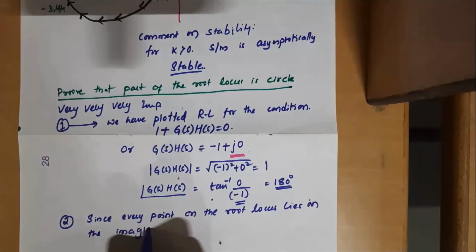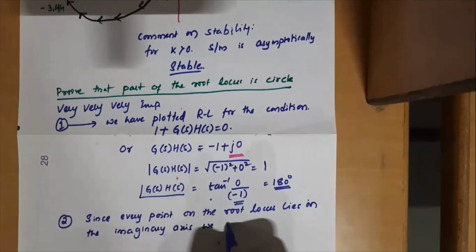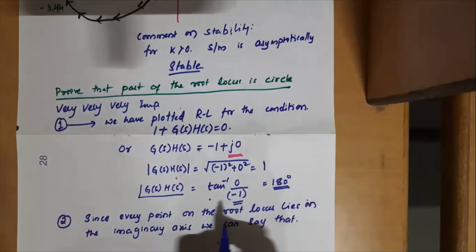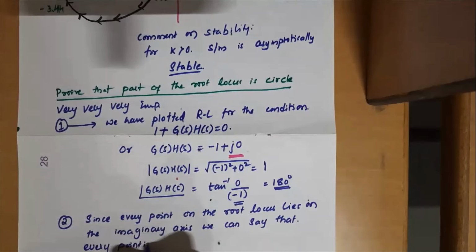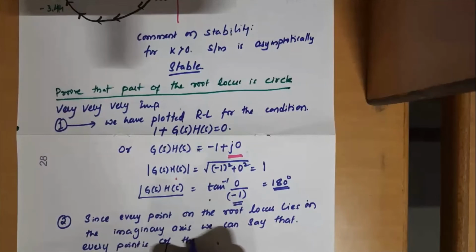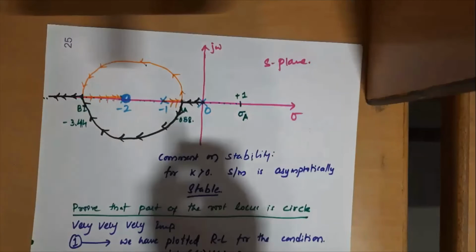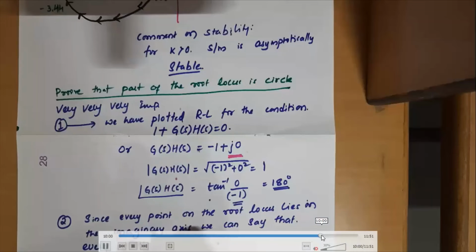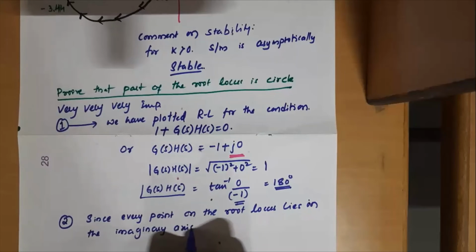So every point on the root locus lies on the imaginary plane, it should be, 1 second. Okay, sorry for this, there is one word mistake I have done. Every point lies on the imaginary plane, it should be. Please correct this later yourself.